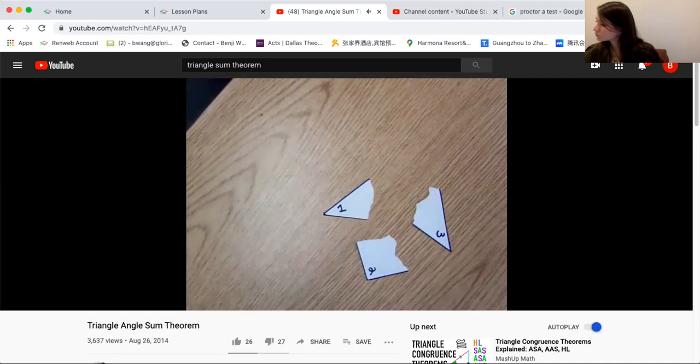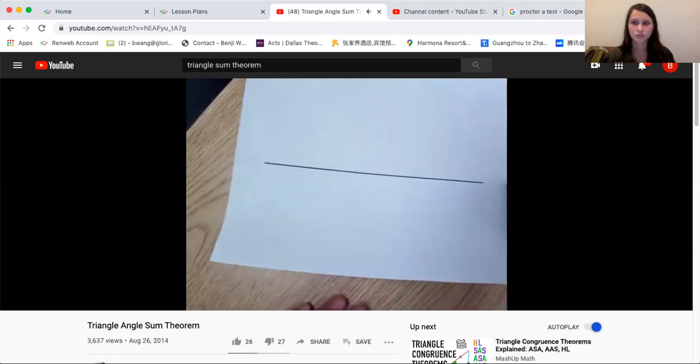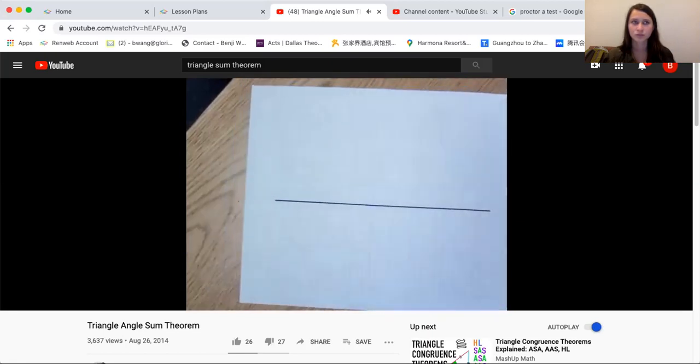So now I'm going to go back to that line. Remember that we said a straight line has to measure 180 degrees. So this time I drew my straight line on graph paper. Here's my straight line. And when I say straight line, really, that's kind of a weird thing to say. It doesn't have any meaning because all lines are straight. If it wasn't a straight line, we would call it a curve. But so, a straight line or a line.